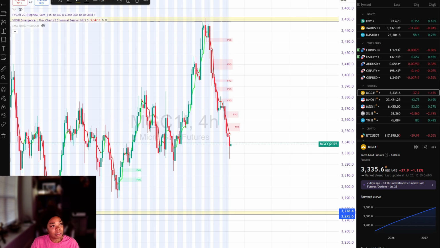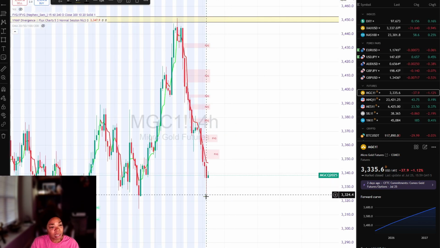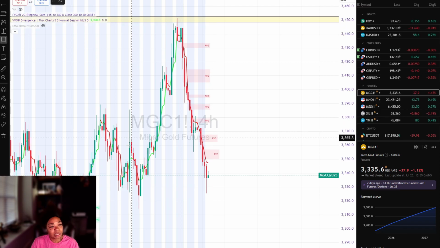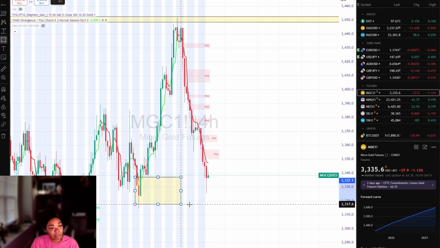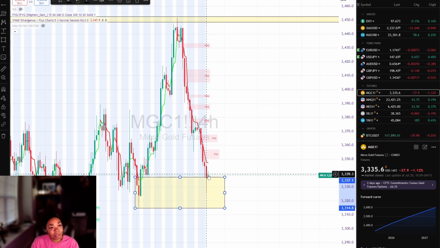If you drop down to the 4-hour time frame, you can see that the previous candle was closing a little on the bullish side because we have a wick at the end here, and then it is still within a demand zone here that it's tapped into and tapped out of that zone.